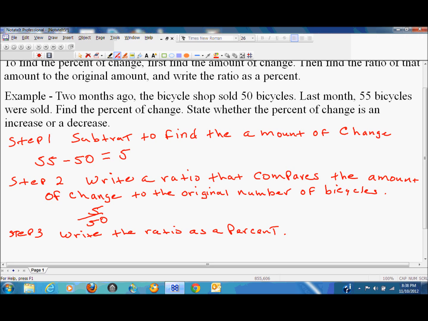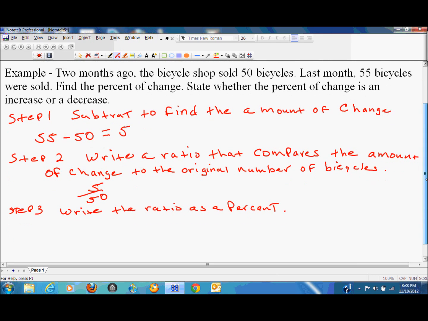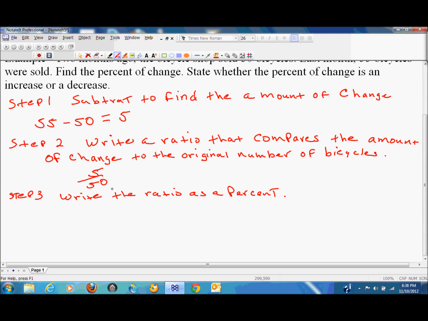We will look at 50 on the outside divided by 5 decimal, the 0.